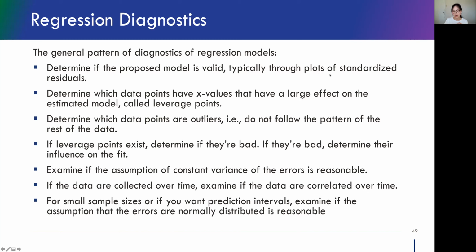Typically, you just make a plot of the standardized residuals, or in R, we do the square root of the standardized residuals, which is also okay. Determine which data points have X values that have a large effect on the estimated model, which are called leverage points. Once we find leverage points, we determine if they are good or bad by looking at whether they're outliers or not.